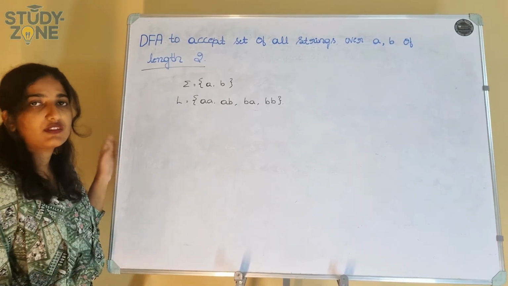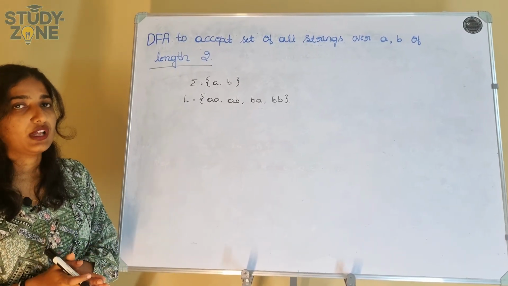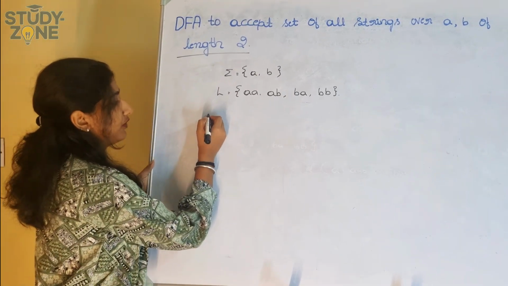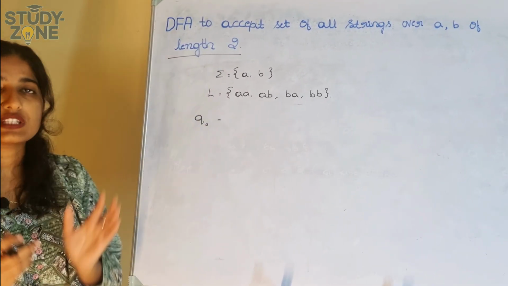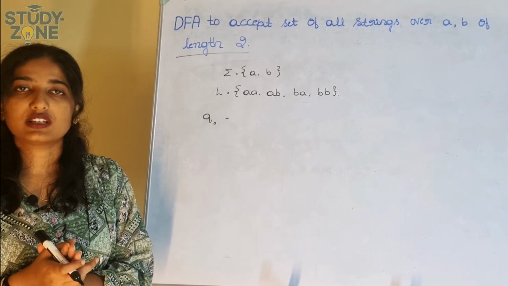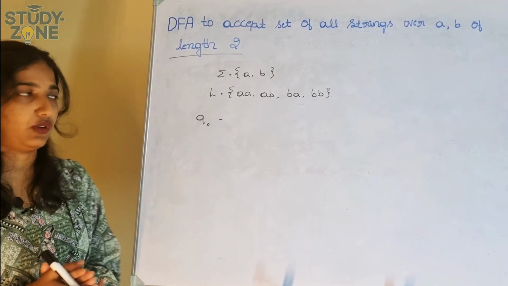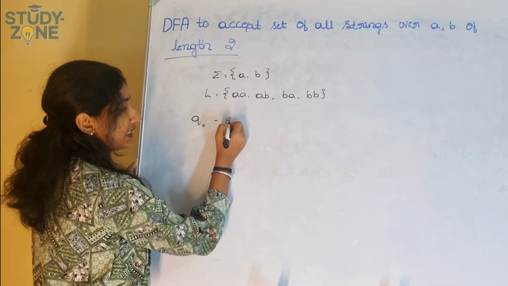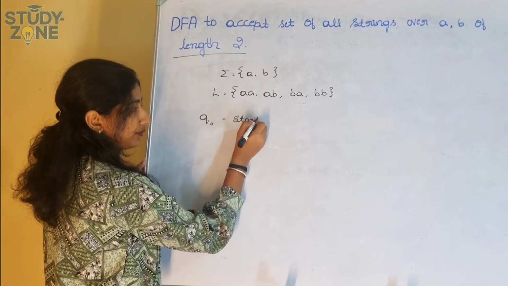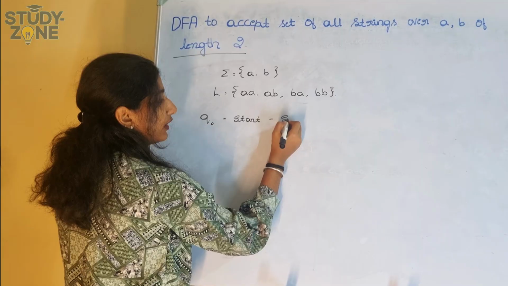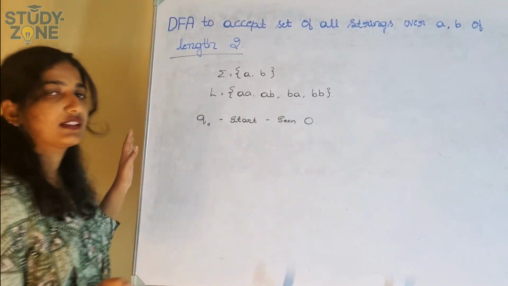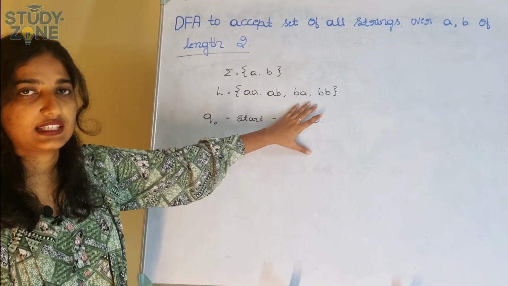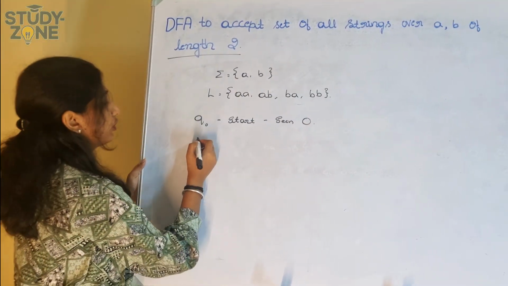The easiest way to write this is to take the states like this. Q0 is the state which hasn't read any symbol, so Q0 is the start state. Let's say it has not seen any characters or symbols.